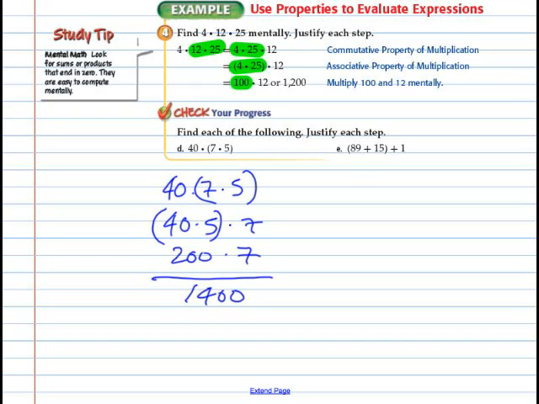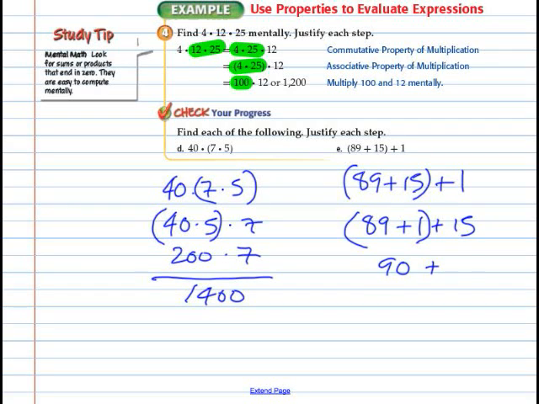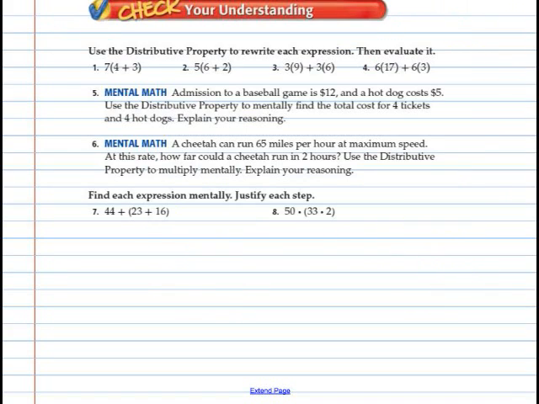In our second example, an addition example, we're going to take 89 plus 15, which we should add together first because of the parentheses. We're going to rewrite this as 89 plus 1 plus 15. Keep the parentheses, change the order. We get 90 plus 15, which is 105. Making the numbers more compatible, easier to calculate.